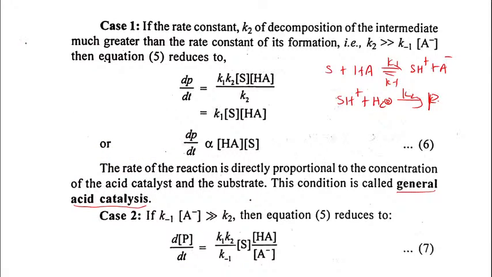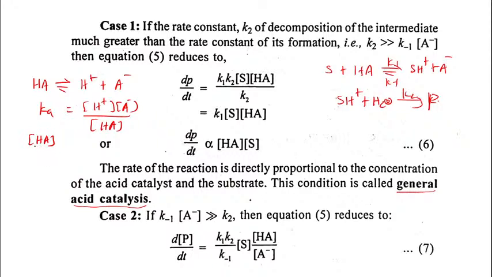The general acid HA is dissociated into H plus and A minus anion. So we can write the dissociation constant for this acid: K equals concentration of hydrogen ion into concentration of the anion divided by concentration of the acid HA. We can simplify this, taking concentration of the HA divided by concentration of the anion, just a rearrangement here.